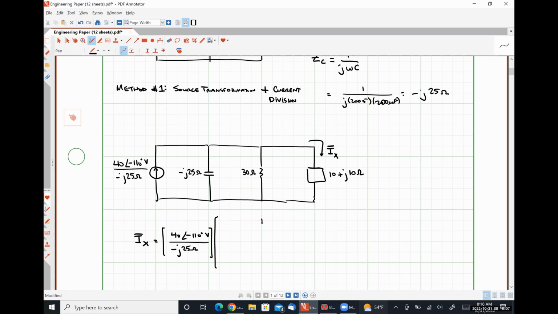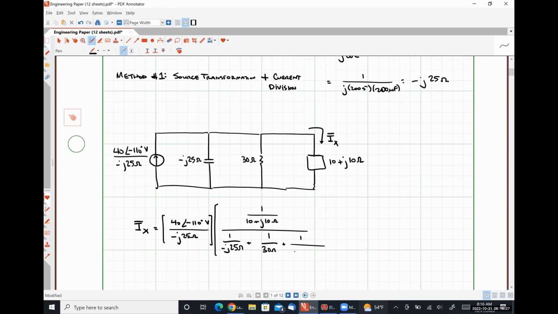We're going to have 1 over 10 plus J10, divided by 1 over negative J25 plus 1 over 30 plus 1 over 10 plus J10 ohms. And now we just need to throw this into our calculator.